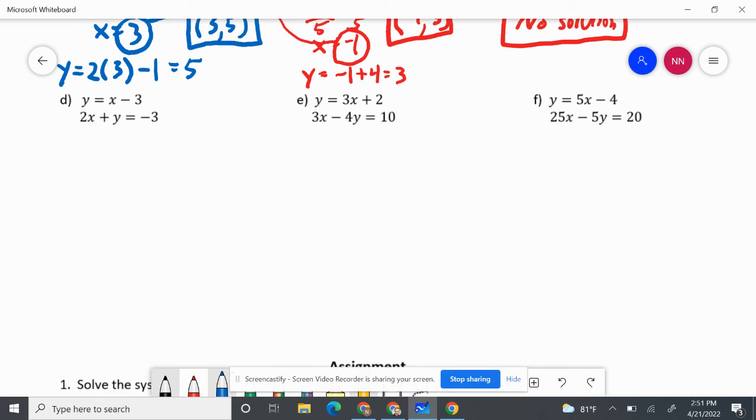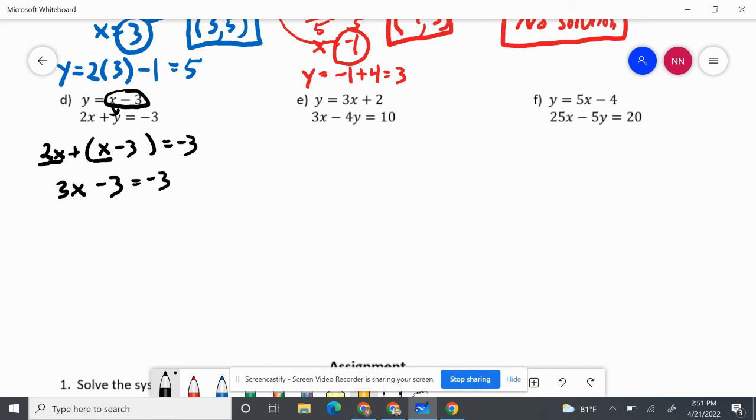So when we're looking at this, the first thing we see is that y is by itself. We take the x plus 3 and replace it with the y. So we have 2x plus, and instead of a y, we have an x minus 3. Then I'm going to add the like terms. 2x and x is 3x, minus 3 is equal to negative 3. I'm going to add the 3, and I get 3x is equal to 0.